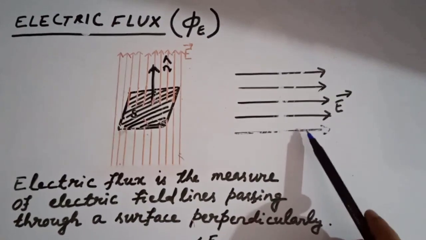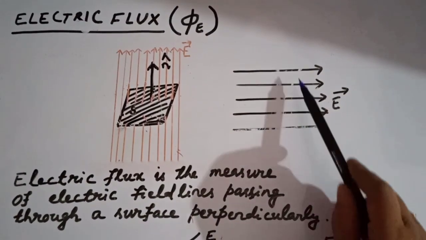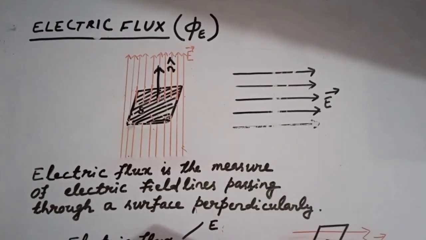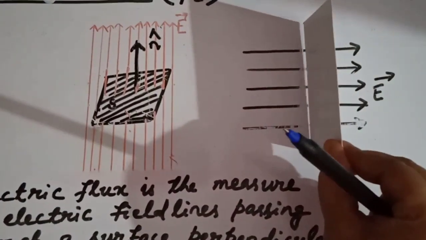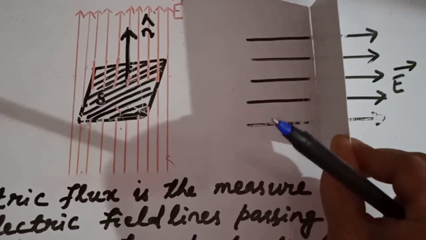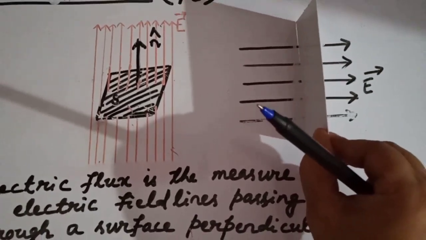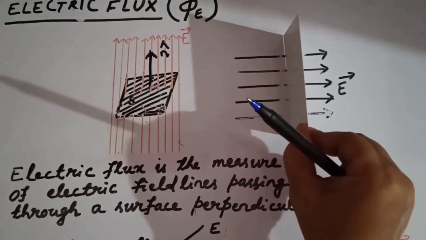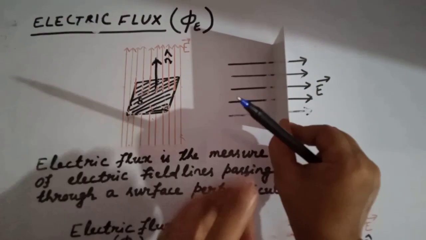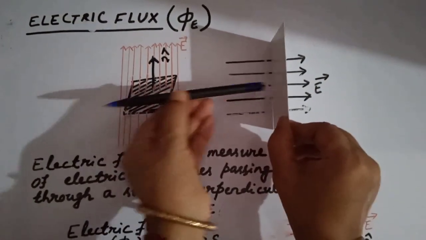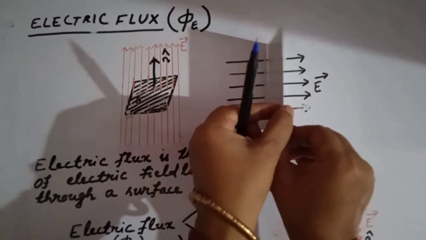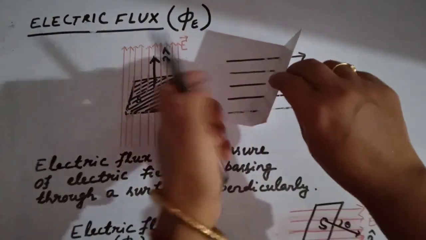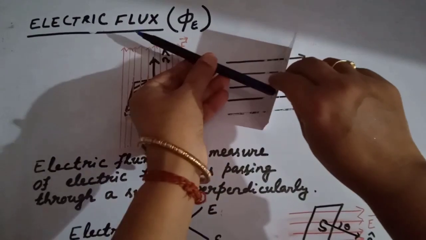Let's consider this case. These are the electric field lines. Now to find the electric flux passing through this surface, we have to see what is the angle between the electric field vector and the area vector. Here the angle between electric field and area vector is 180 degree. When it is rotated like this, now the angle changes. Here this is the area vector.